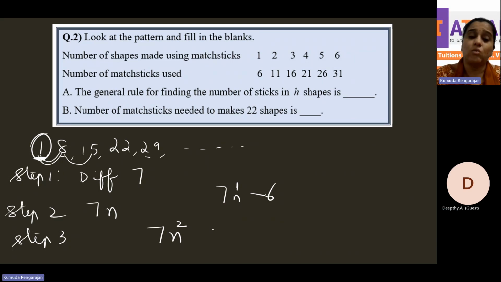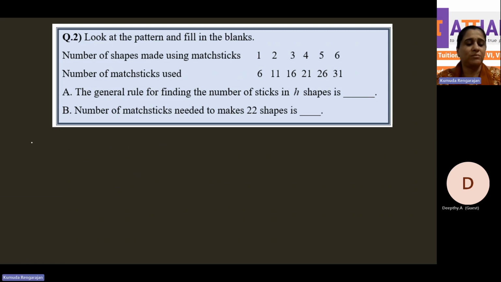If you put n as 2, what answer should you get? No, she got 14. 8 you must get, no? So what is 7 into 2? 14. But how will you get 8? 14 minus 6. So 7n minus 6 is the rule. No, you practice. I won't explain beyond this.